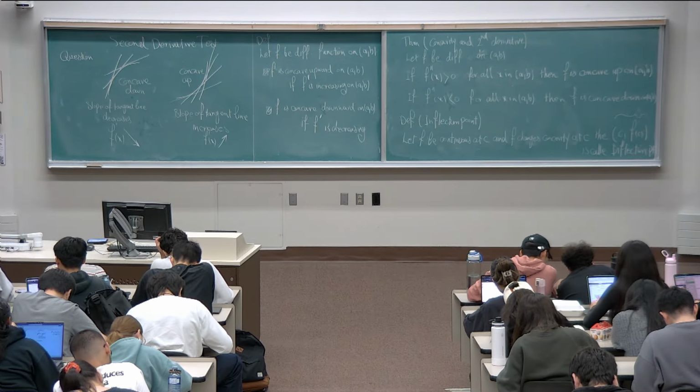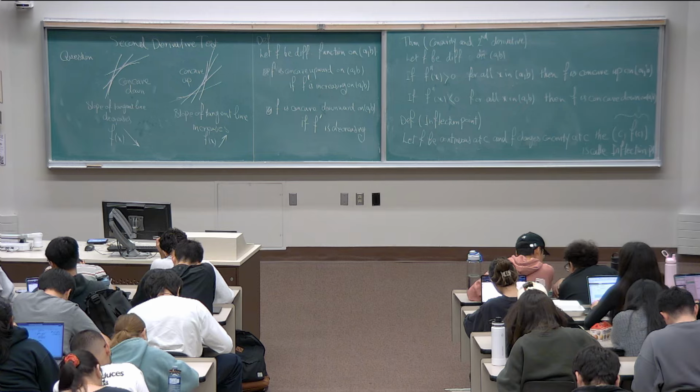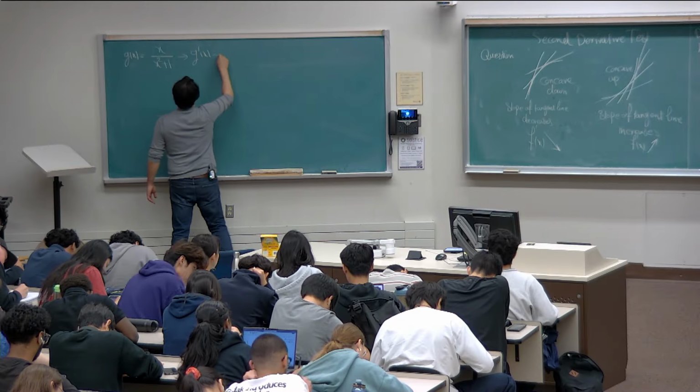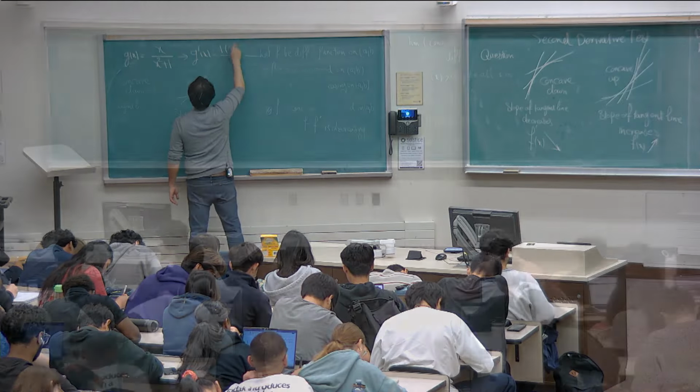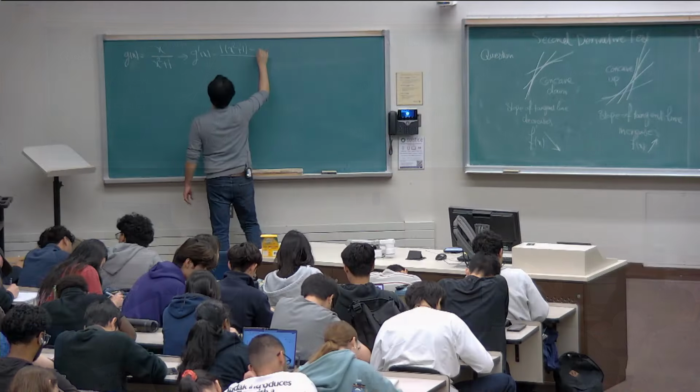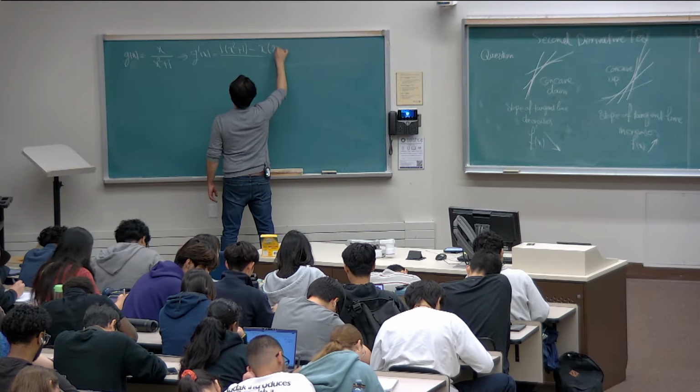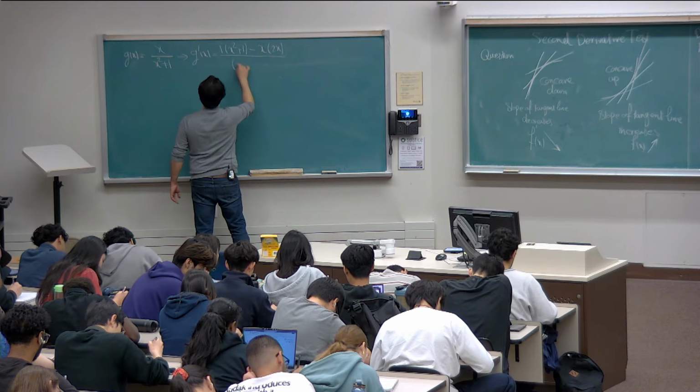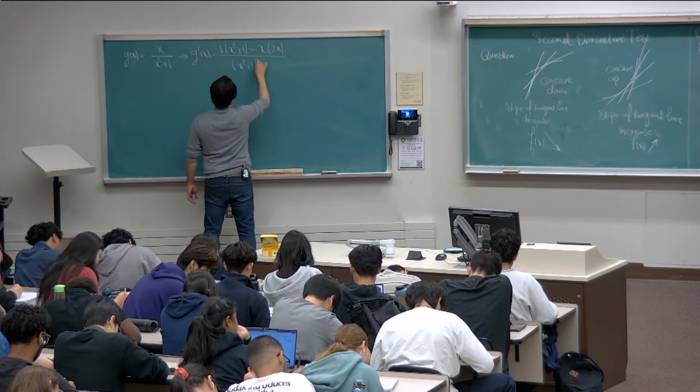So let's start with differentiating this one. Derivative of numerator times the denominator minus numerator itself times the derivative of the denominator, over the denominator squared.